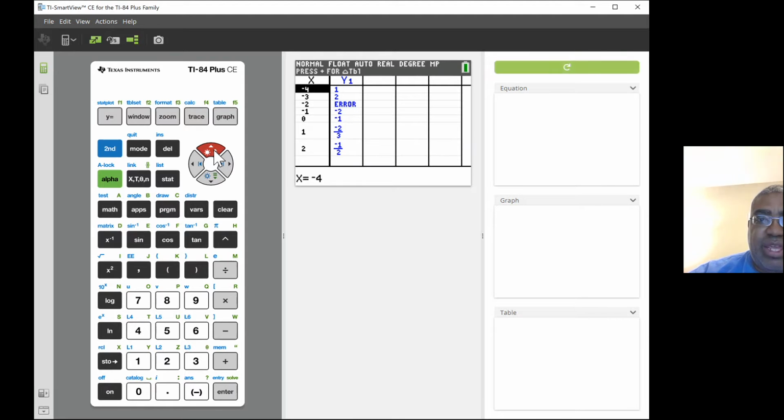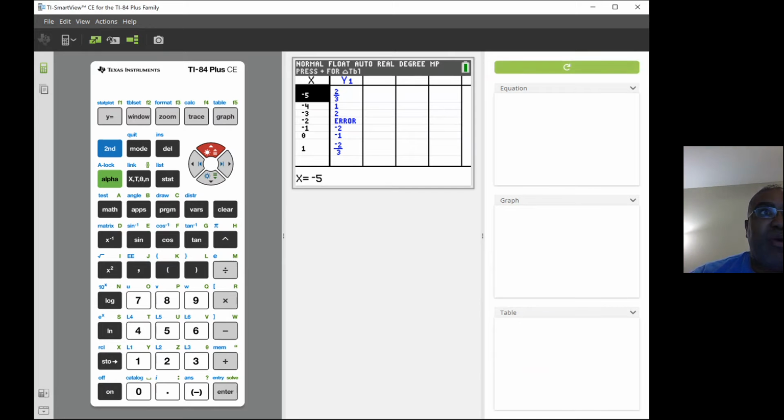But this gives me my x and y values for my function. So I know 0, -1 is a point on my graph. We know points on the graph.